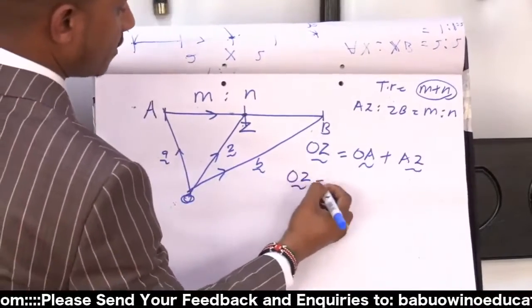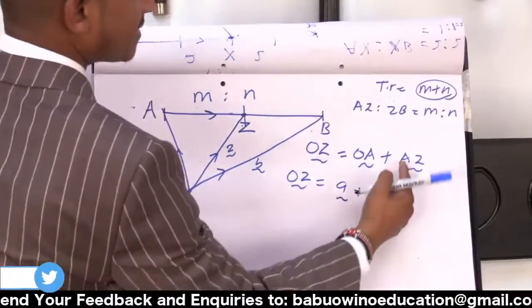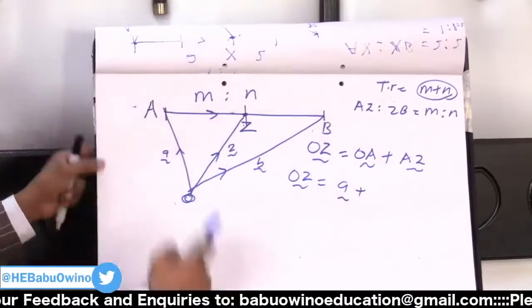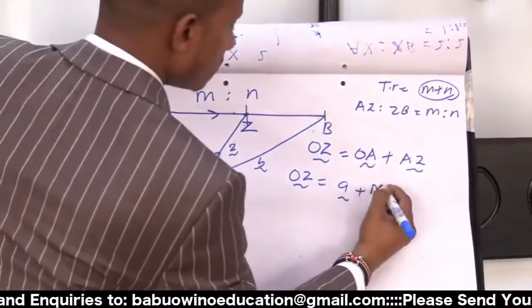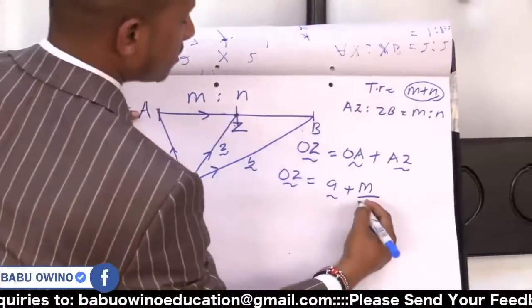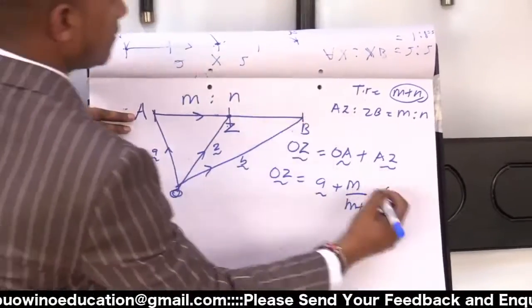OA is A here, plus AZ. AZ is M, the ratio, divided by the total ratio, which is M plus N, of AB.